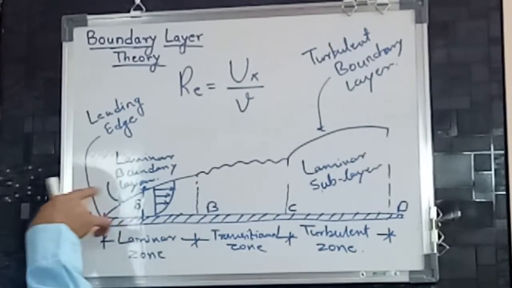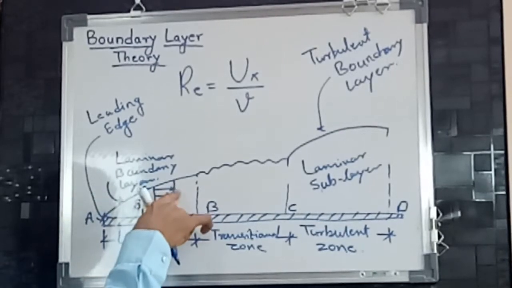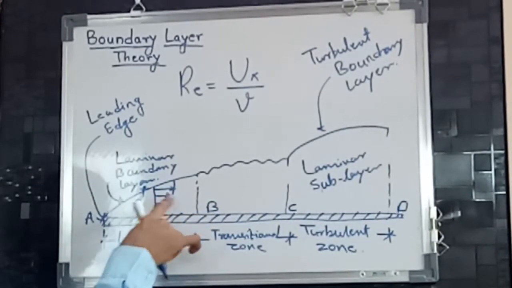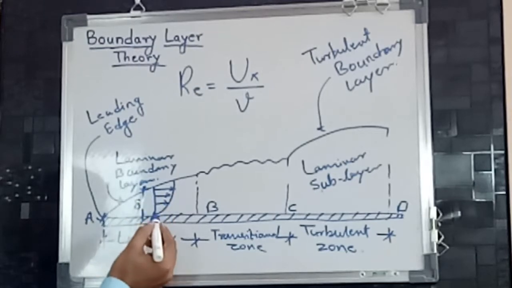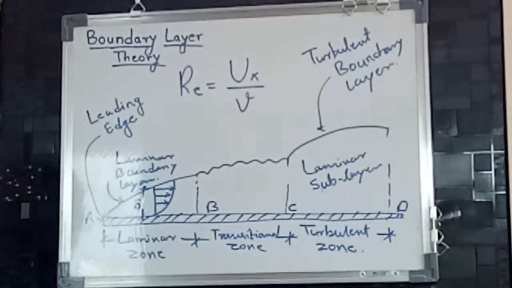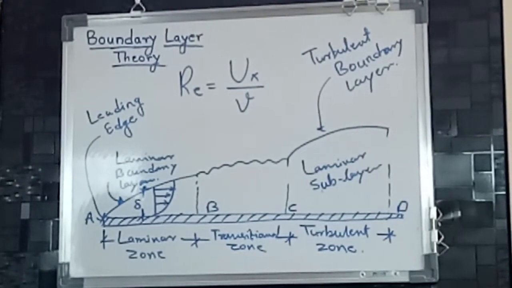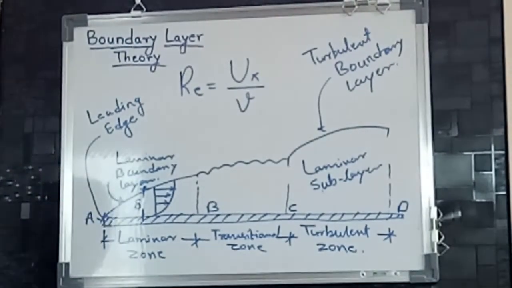Okay, here the free stream velocity and here the local velocity, and this distance from this point to this point, that is the boundary layer thickness. Now we'll see the displacement thickness with the help of one element.